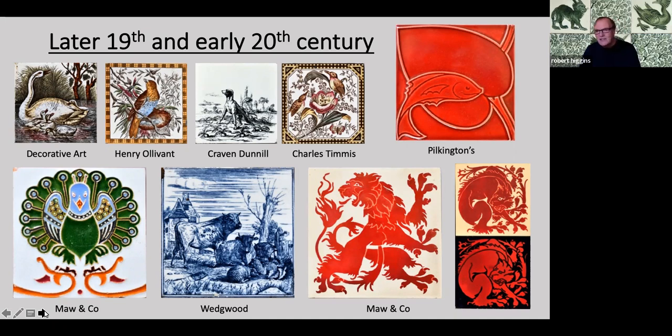And on the right, the red tiles, at the top we've got CFA Voysey, the well-known designer who worked with fabrics and furniture and ceramics and metalwork in the late 19th, early 20th century. He designed a number of tiles for Pilkingtons in Manchester, and there's a slightly self-satisfied looking fish.